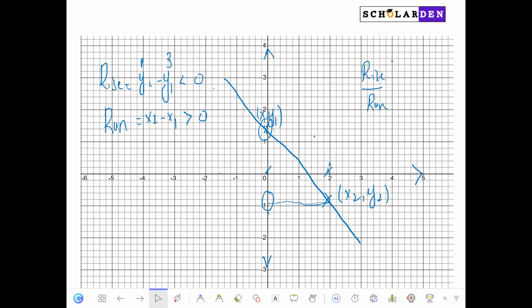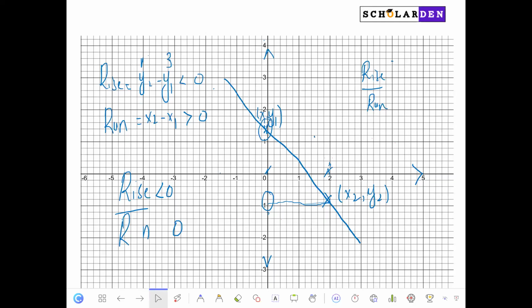Now let's call this rise over run. The rise is less than 0, and the run is greater than 0.